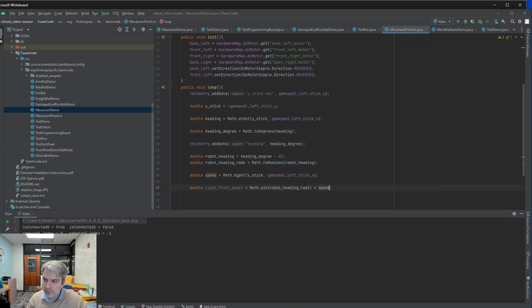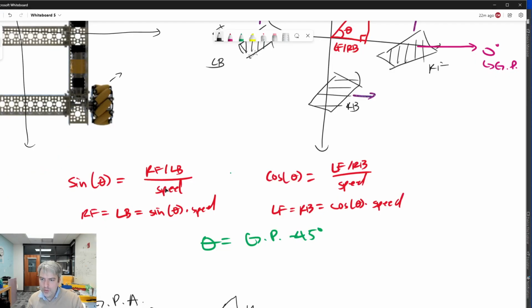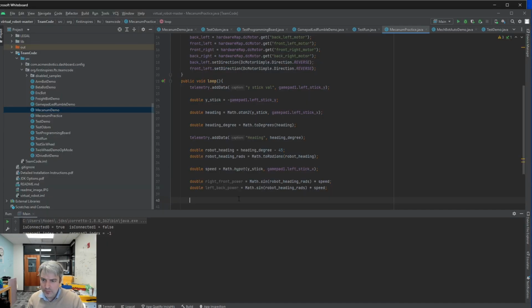That's important. If we don't multiply by speed, it's really going to look weird. This also needs to be right front power should be the same as left back power. Should be sines and then cosines for the other two, and it's the same exact thing, but we're going to do cosine.